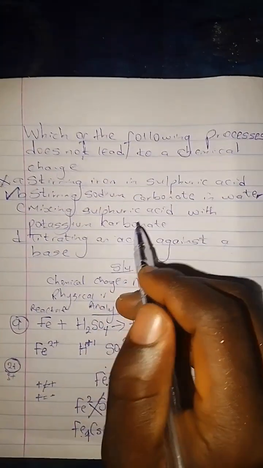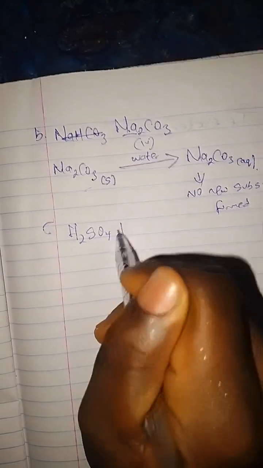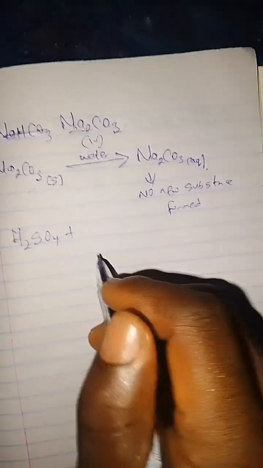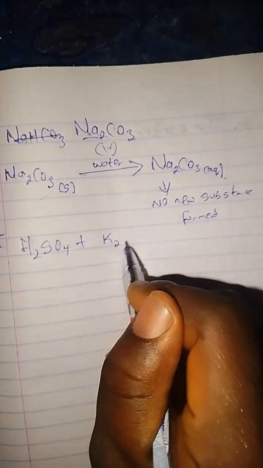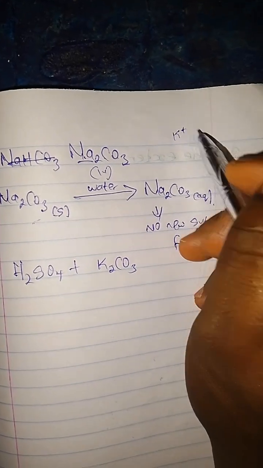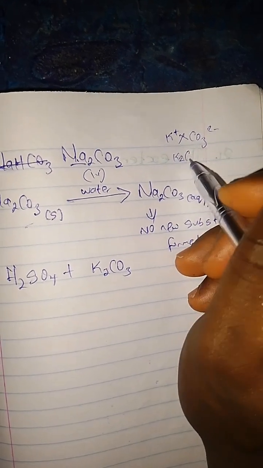Now C, mixing sulfuric acid with potassium carbonate. Sulfuric acid is H2SO4. Potassium carbonate is K2CO3. How do we get this? Remember, potassium is plus 1, CO3 is 2 minus, they cross multiply to give K2CO3.